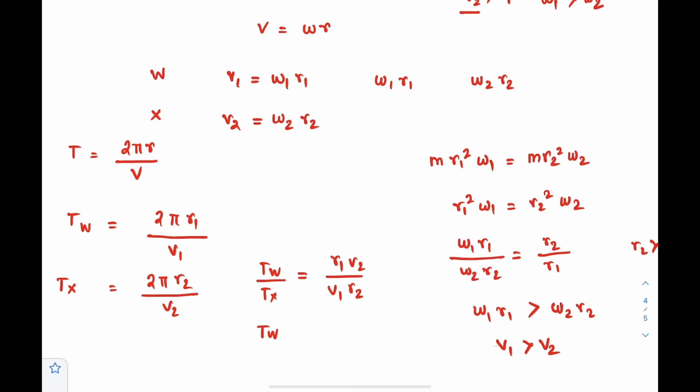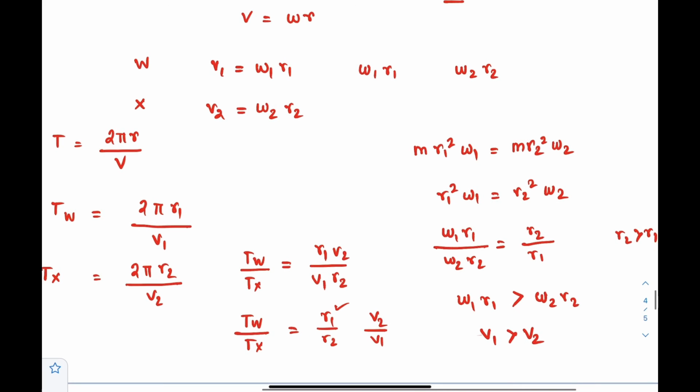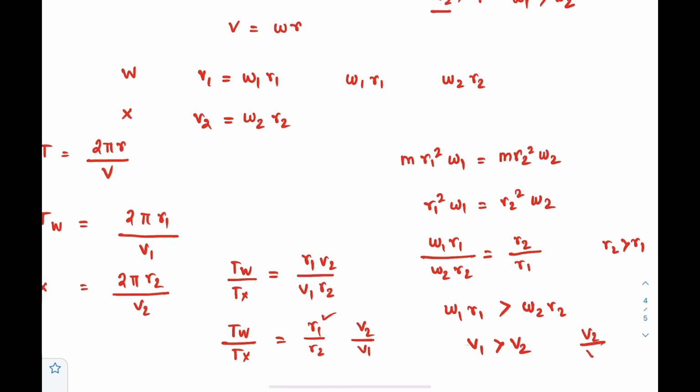So T of W by T of X is equal to r1 by r2 into v2 by v1. R2 is greater than r1, so r1 by r2 is less than 1. And v2 by v1 is also less than 1.